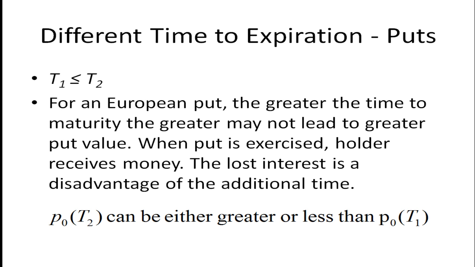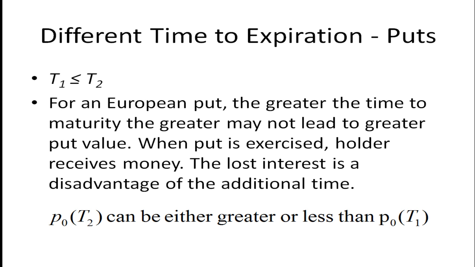But we have to keep in mind that when the put is exercised, the holder of the put receives money, and the lost interest is a disadvantage of the additional time. So the longer you have to wait to get your money can be a disadvantage. And again, in the case of the European put, you cannot exercise until the option expires.